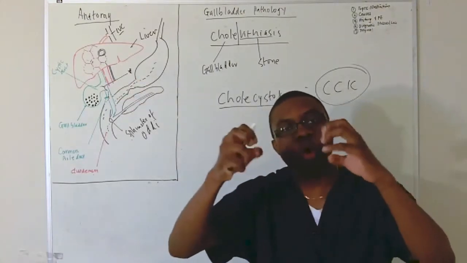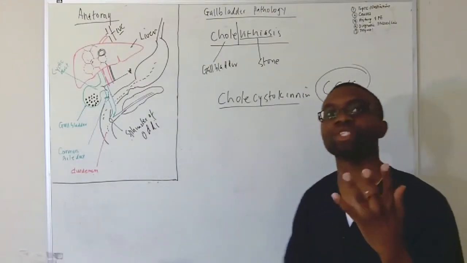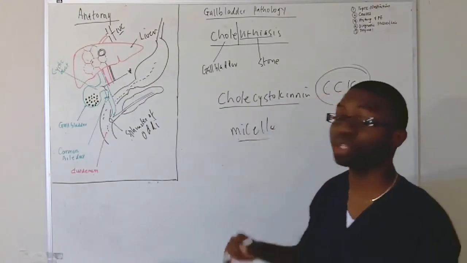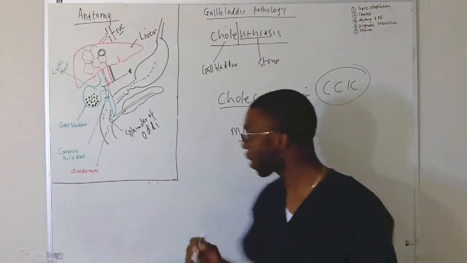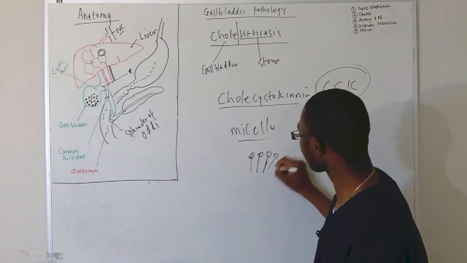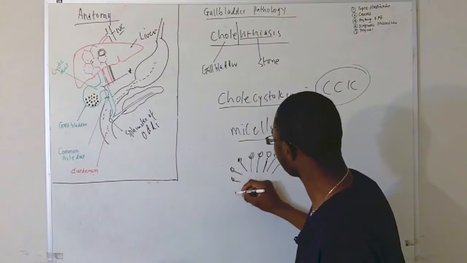It breaks down all those big fat globby things. It breaks them into little micelles, right? We call them micelles. This is just basic physiology, so that by the time we are done talking about the pathology, everything should make sense, right? You make those little micelles, they taught you in college, right?